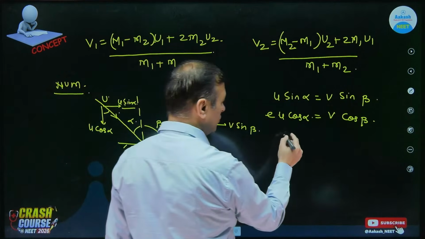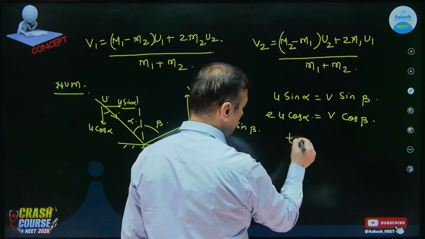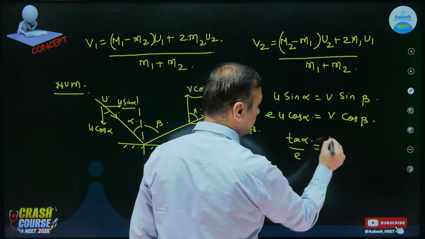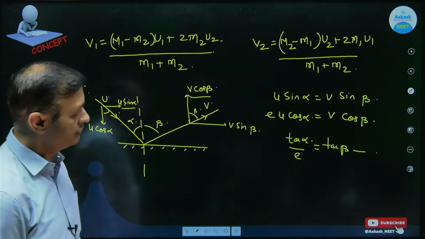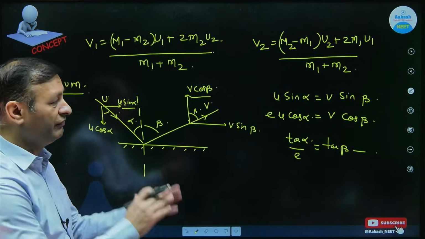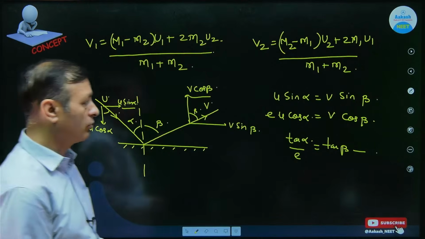Just take the ratio and what you will have is tan beta equals tan alpha by e. So this is the third prime equation. So based on all these equations, you have varieties of conceptual and numerical problems.